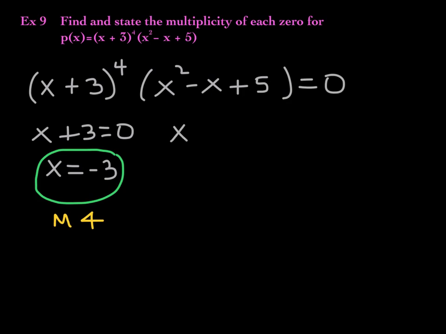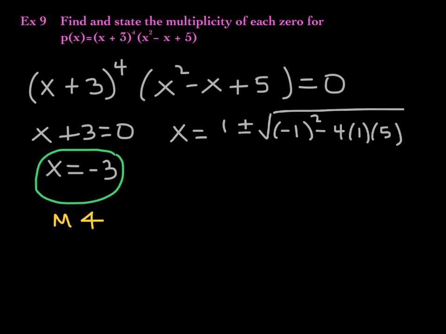x is equal to positive 1 plus or minus the square root of negative 1 squared minus 4 times 1 times 5, all over 2 times 1.